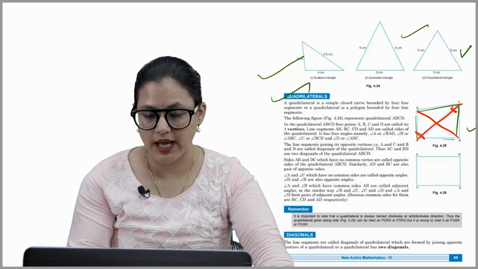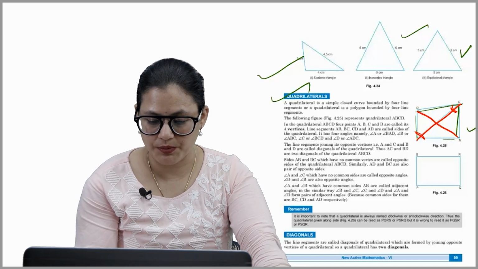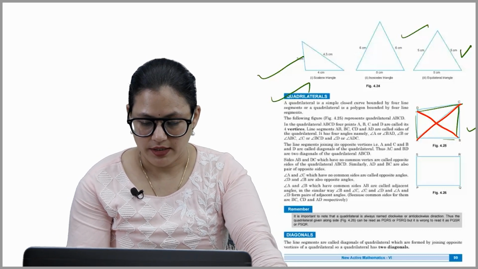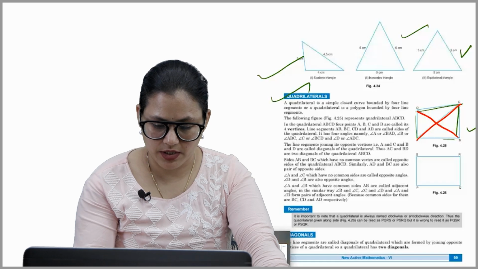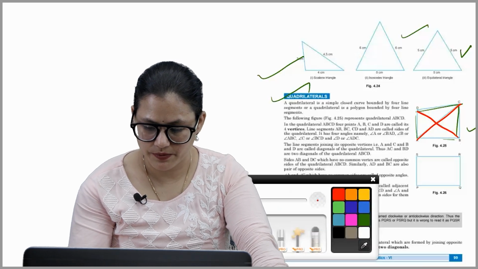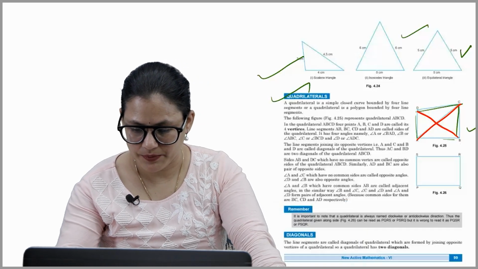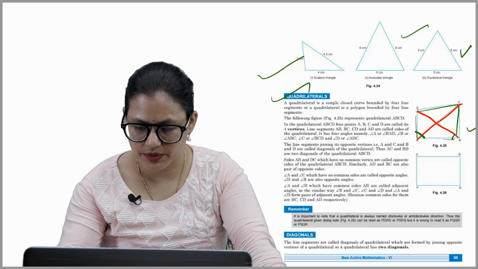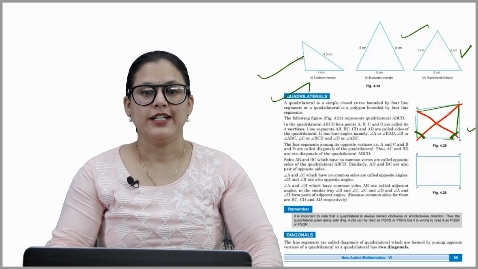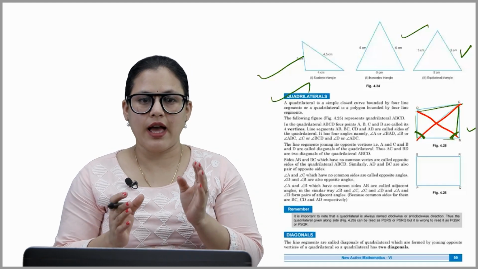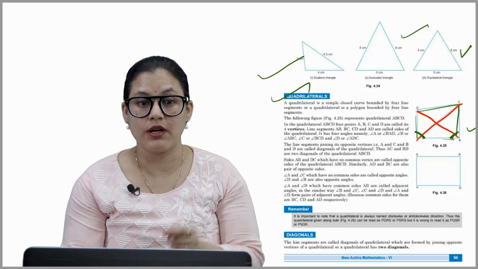Now, let's talk about angle A and B. Okay. So, have a look here. Angle A and angle B have common side AB, so these are called adjacent angles.